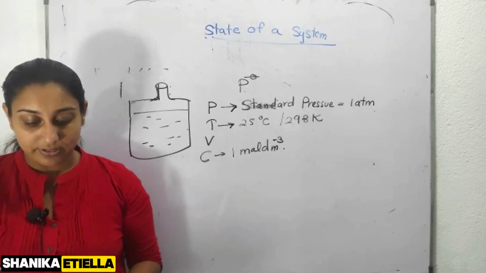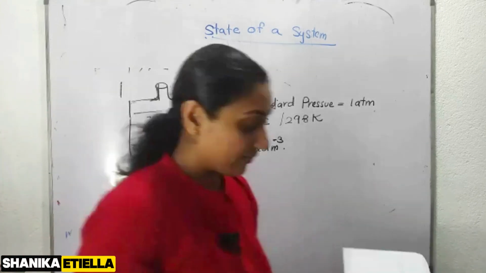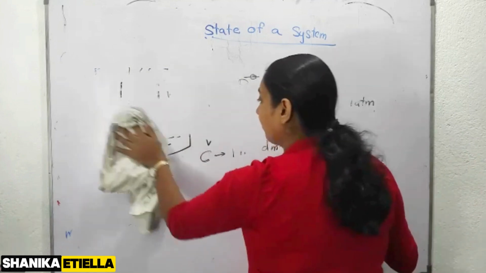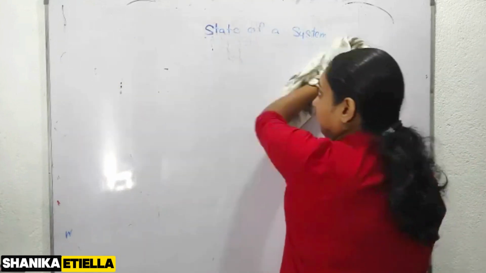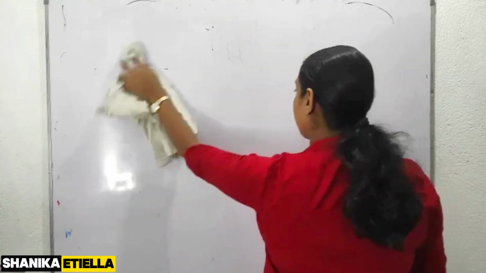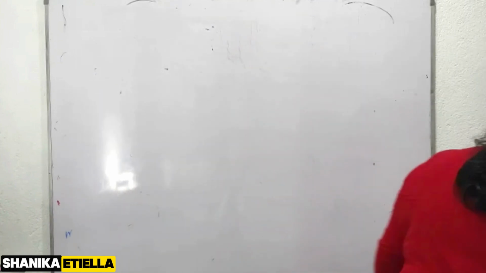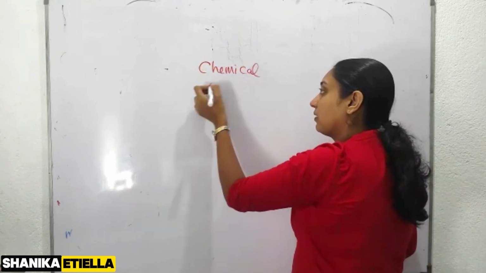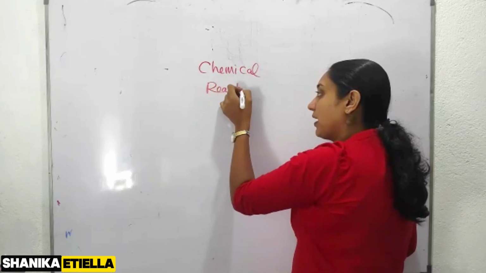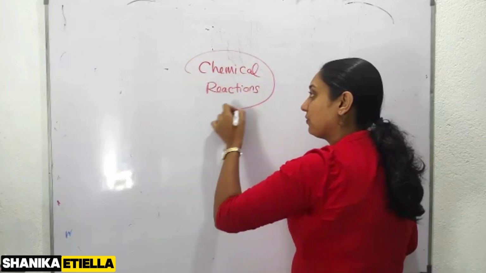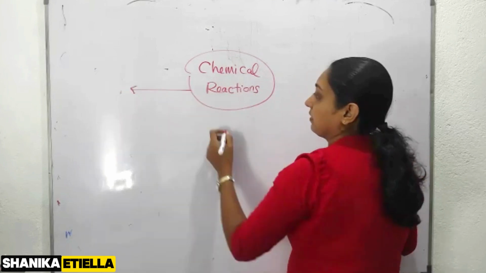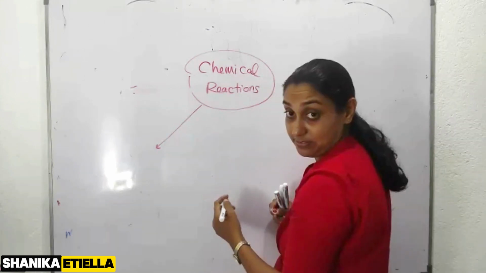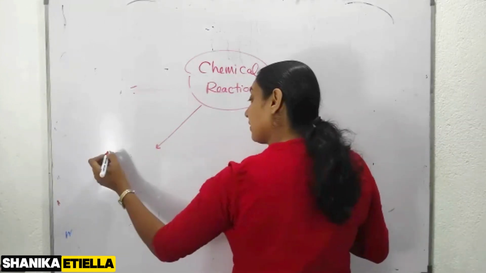Okay. Then write down chemical reactions. Today is the basic terms, right? Next week, we will go with the enthalpy session. Today's part is also important for the lesson. I can categorize chemical reactions into four major parts. First one, spontaneous reactions.